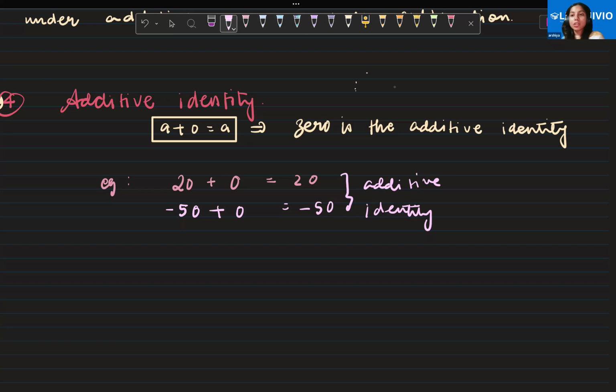Now we're done with addition and subtraction. We're done with multiplication. Now we'll start with division.